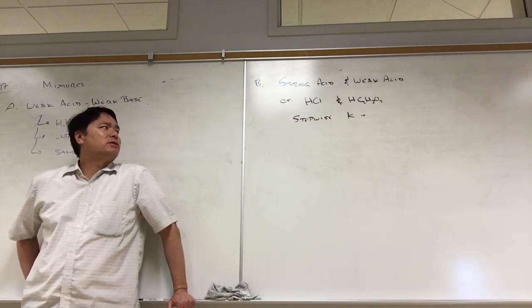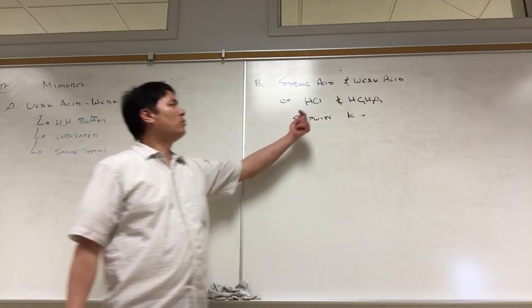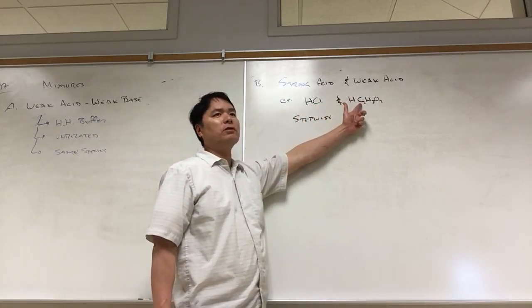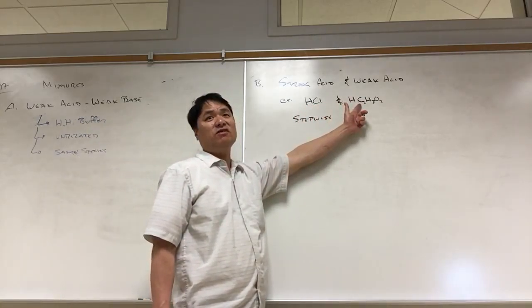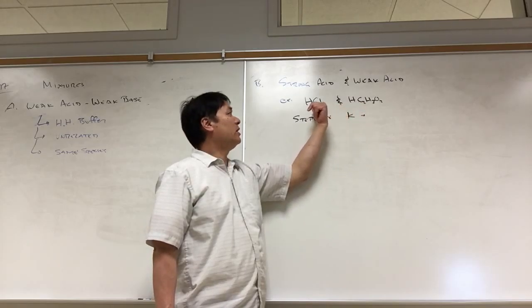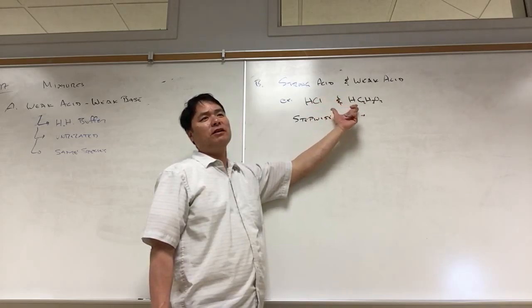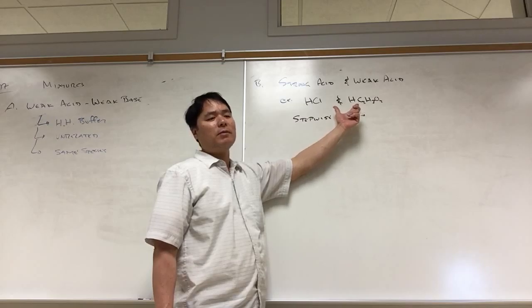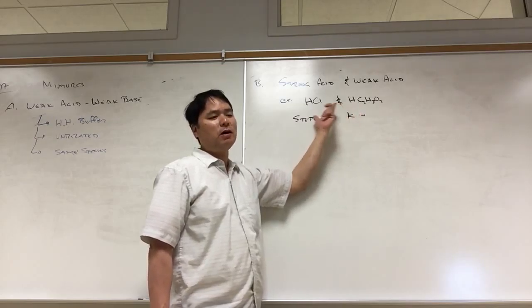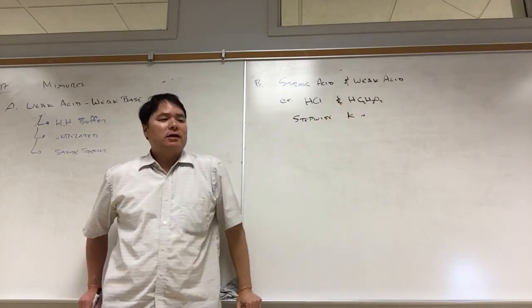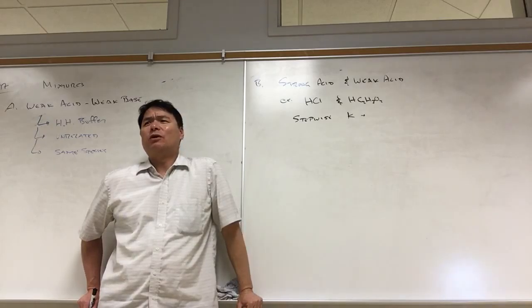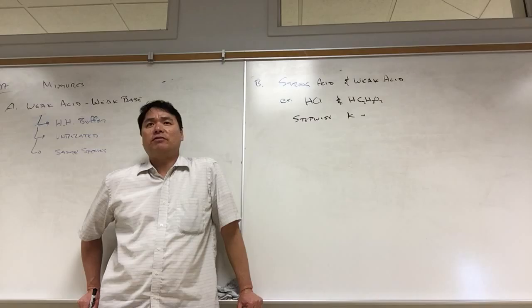If you had something like 0.100 molar HCl with 0.100 molar acetic acid, practically all the hydronium comes from HCl, and a very small amount comes from acetic acid. So small that your book says you can pretty much ignore it. It's going to be a negligible contribution, especially with the common ion effect.